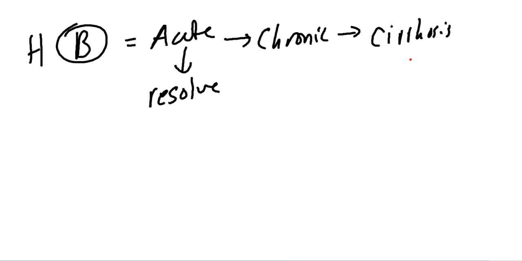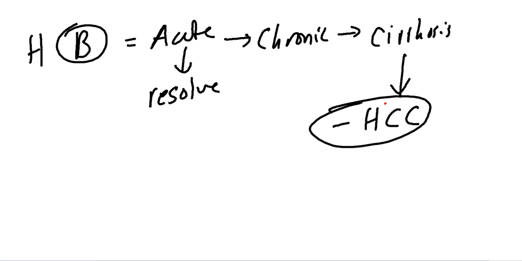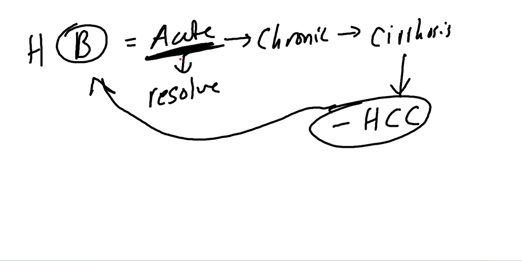to a cirrhotic liver, and that cirrhotic liver can finally lead to hepatocellular carcinoma, which is going to be a cancer. When you hear carcinoma, you want to think bad. So if you have an epithelial cancer, you're going to have a hepatocellular carcinoma. It's due to this hepatitis B infection. It can resolve.